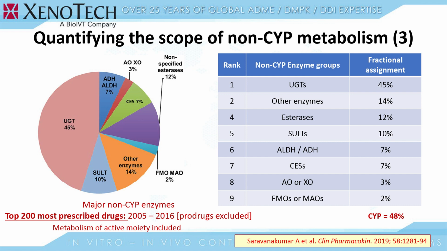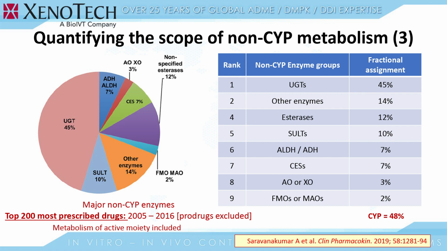So as you can see, again, CYP metabolism makes up about 50% of the total. And UGTs are by far the majority of the major non-CYP enzymes involved in metabolism. Now, the rank order is slightly different when we look at this based on the top new approved drugs, but the outcome is basically the same.